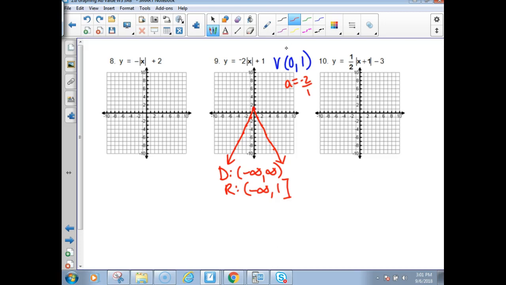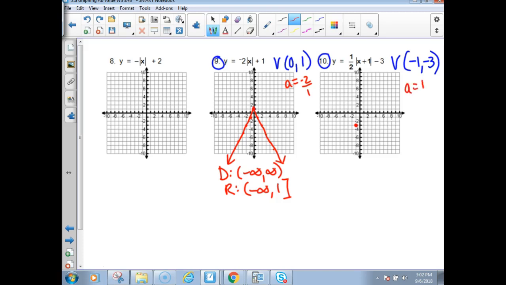Okay, now last example, and then I'm going to go over to worksheet 4 in a moment. Yeah, let's do 10. y equals 1/2 absolute value of x plus 1 minus 3. So the vertex is at negative 1, negative 3. Left 1, down 3, there's your vertex.